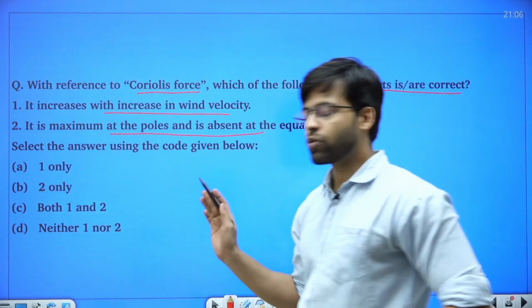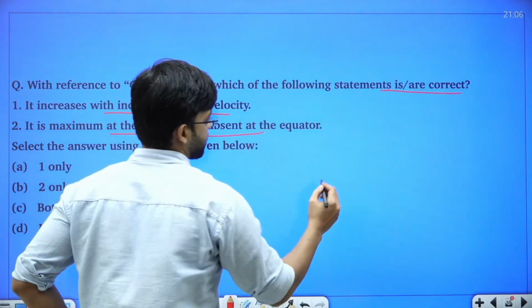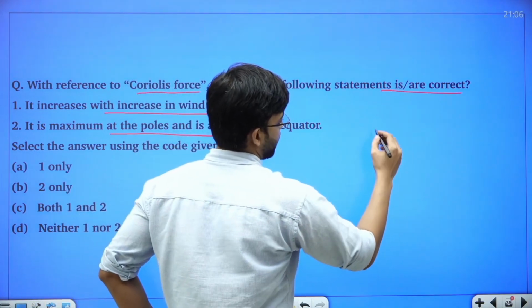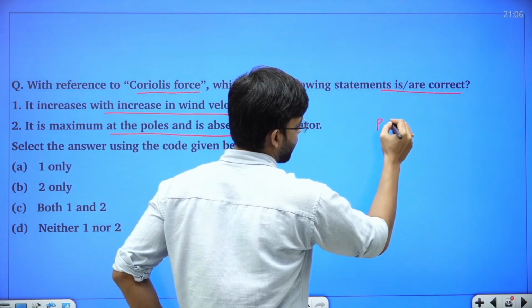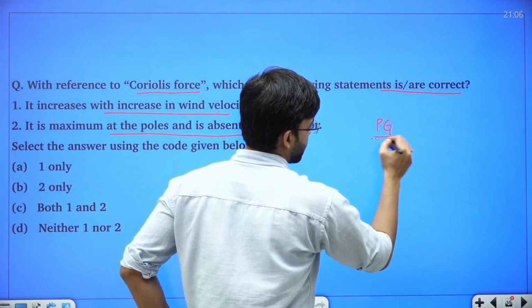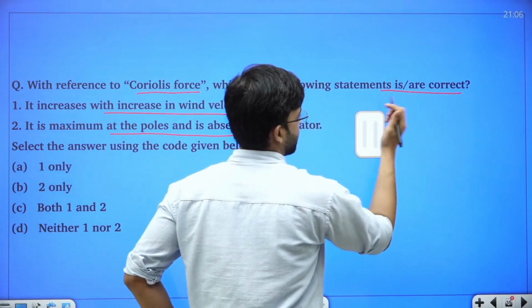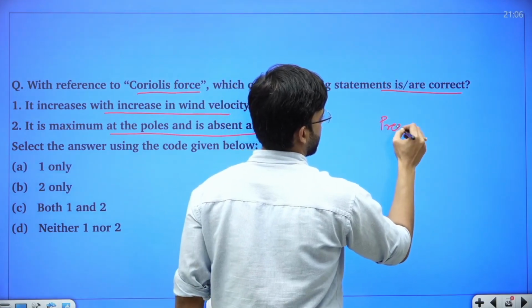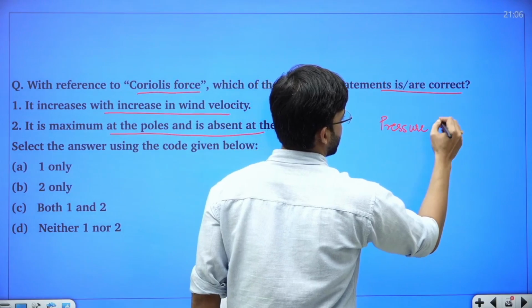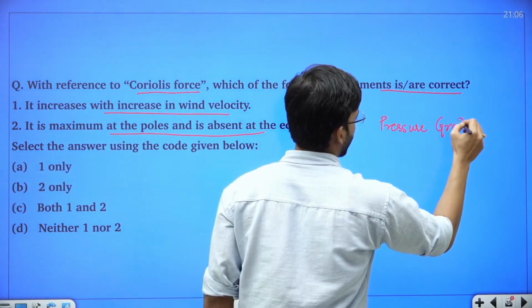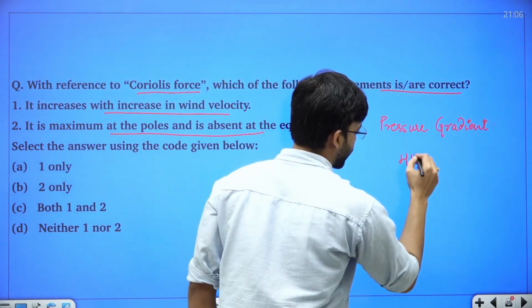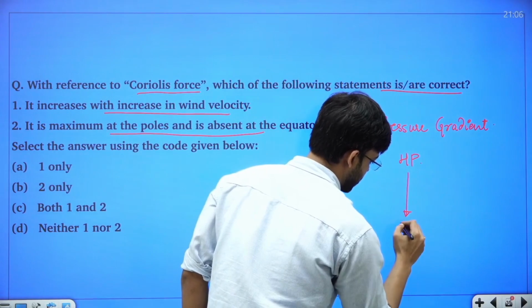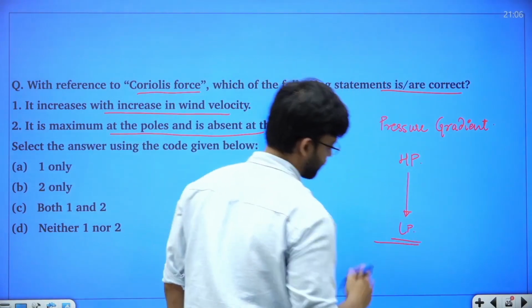Now, as far as Coriolis force is concerned, first of all, we know that wind flows from high pressure to low pressure. So, because of the pressure gradient or slope, wind flows, right? So we know that wind flows from high pressure to low pressure area.